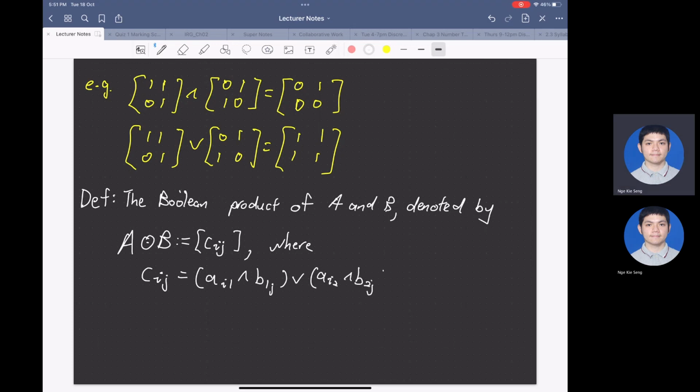This is similar to what we did for normal matrices, but with two different operations.